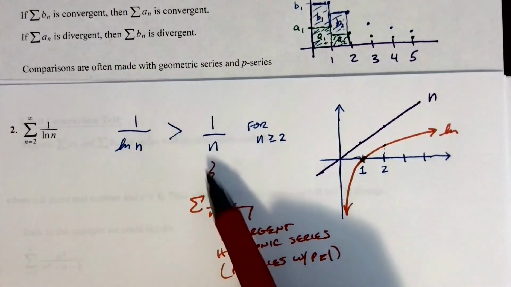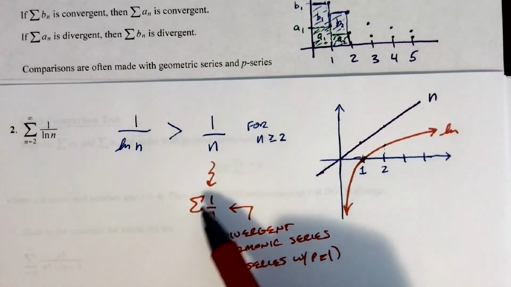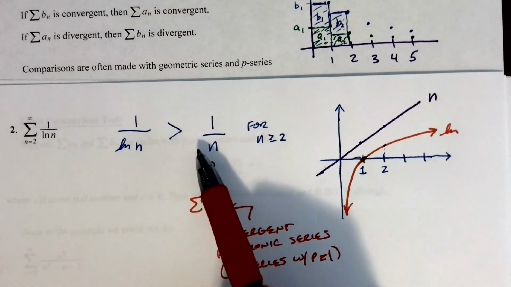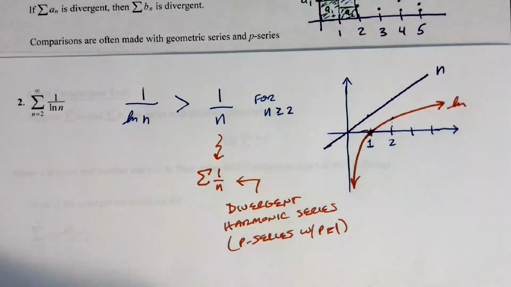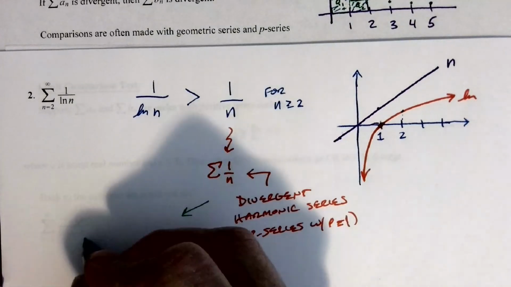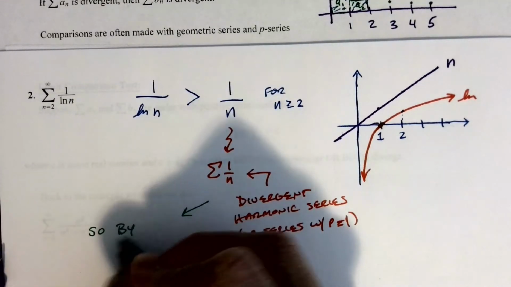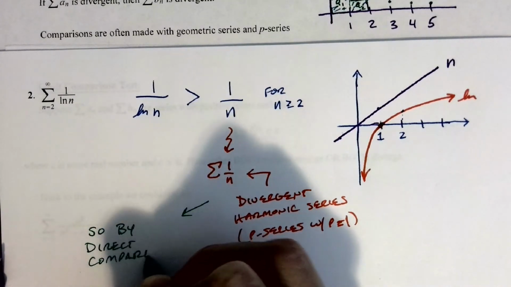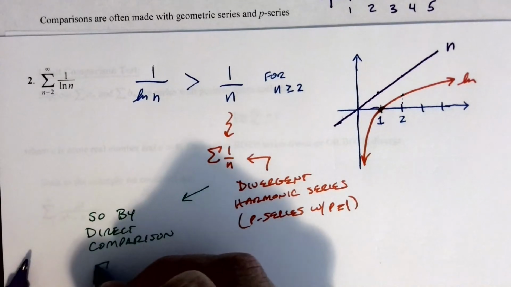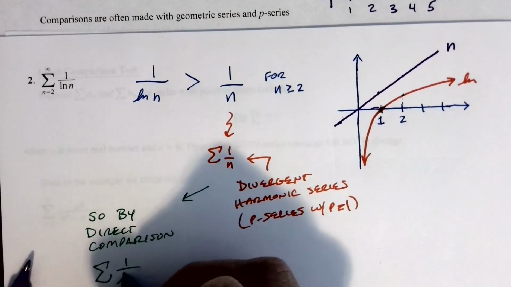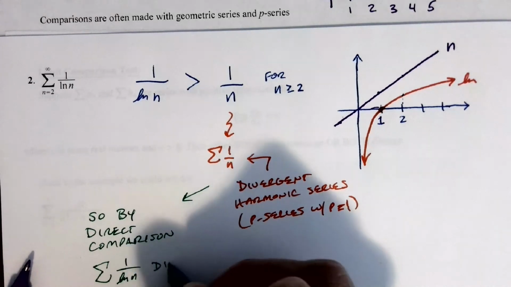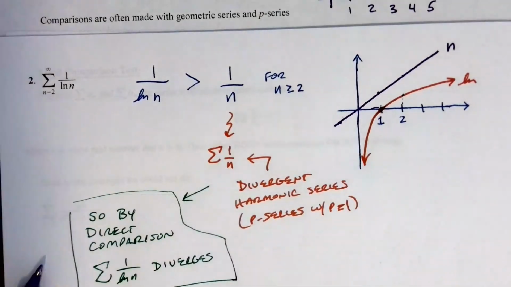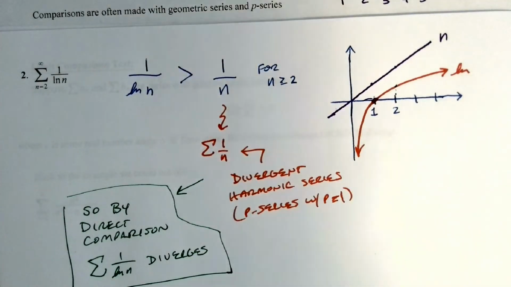So the terms of our series here are always greater than these, and therefore our series diverges by direct comparison. And again, we're quoting which test we're using.